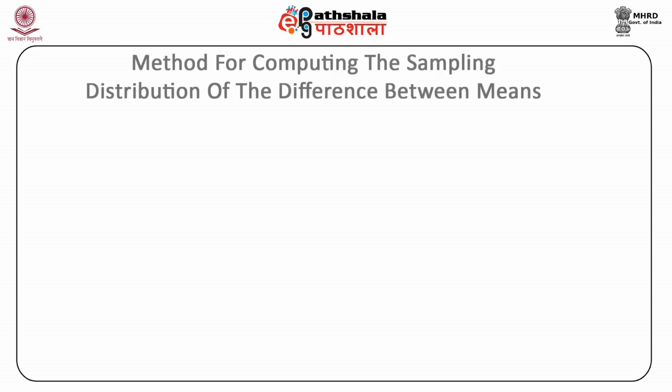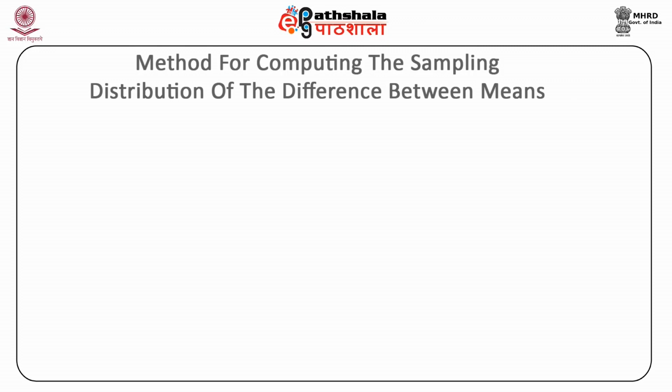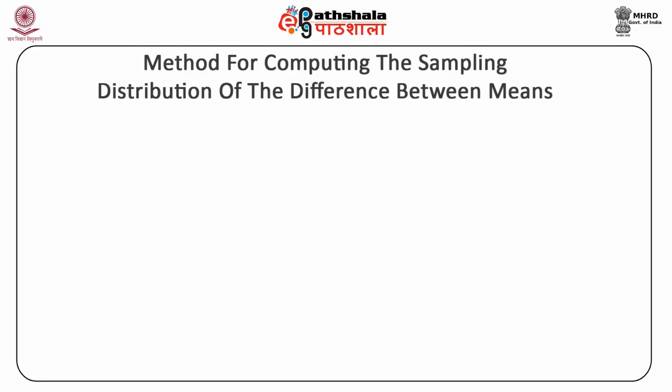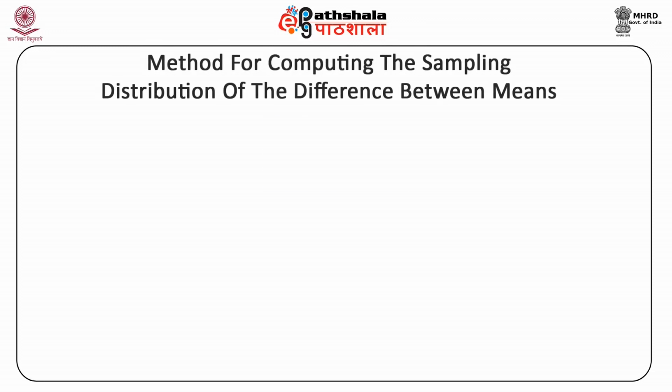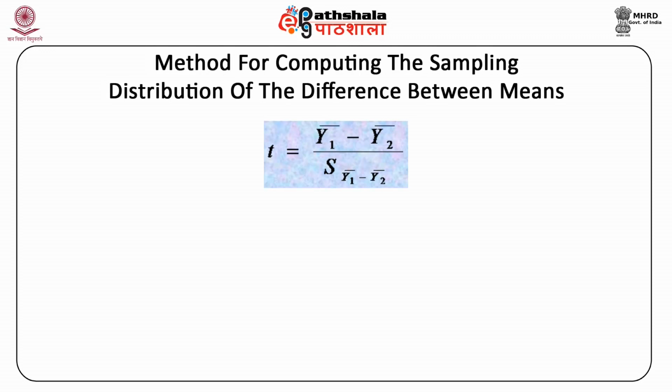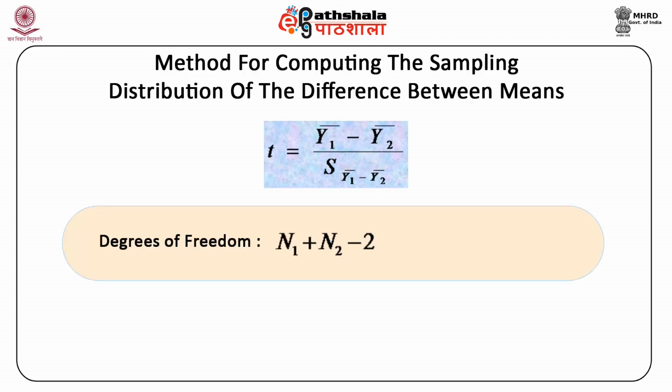The formula for the obtained t for a difference between means test is t is equal to y1 bar minus y2 bar upon the standard error S(y1 bar minus y2 bar). We also need to calculate the degrees of freedom for the difference between sample means.